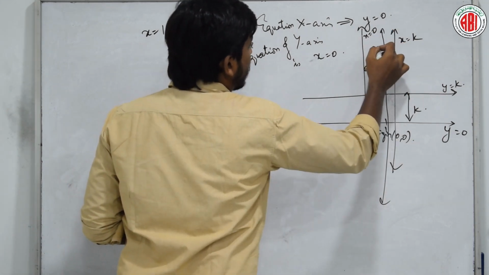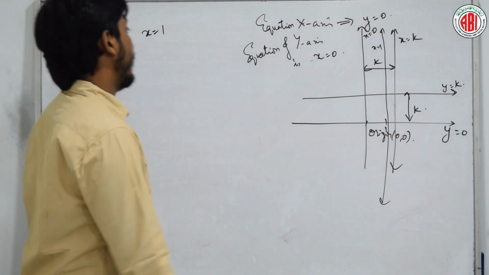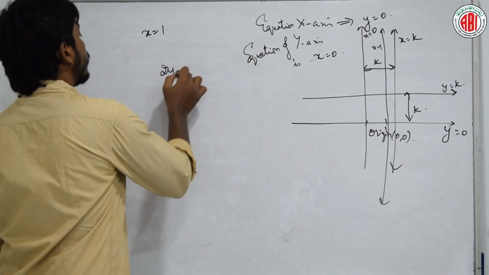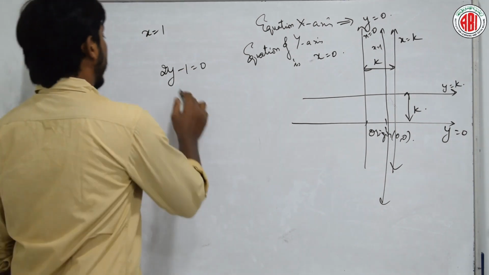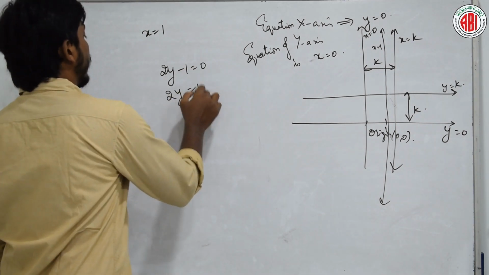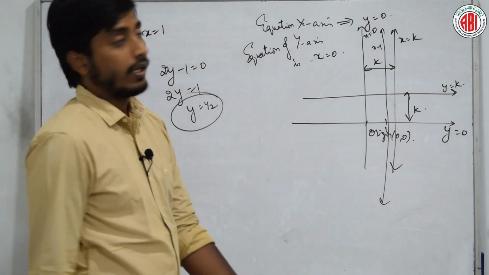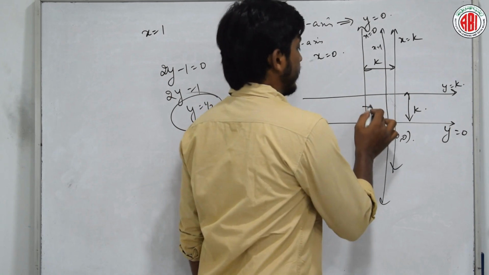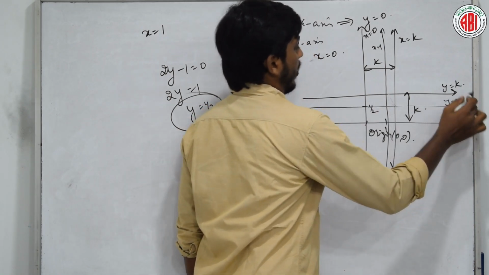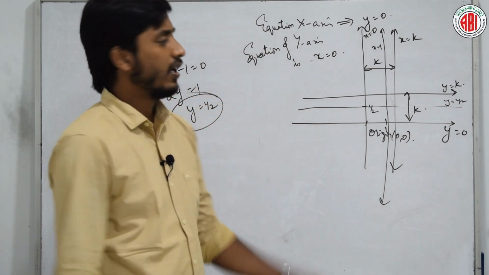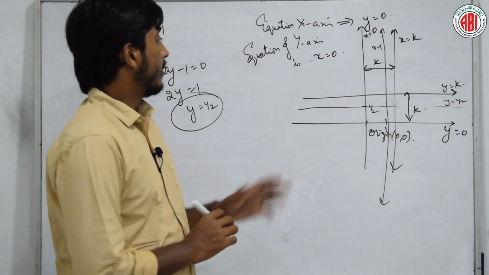This is the line for x equal to 1. Clear? For example, if they ask you to represent 2y minus 1 equal to 0, how do you represent it? You will write 2y equal to 1, therefore y equal to 1 by 2. Y is half here, you will draw a line, that is y equal to 1 by 2. Clear? That is what the representation is. Did you understand?